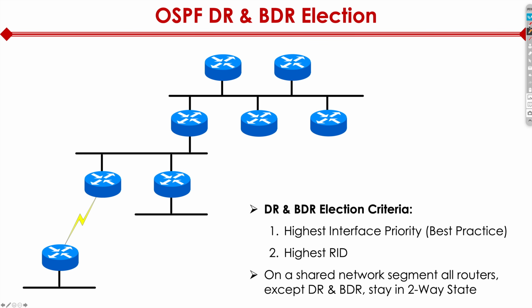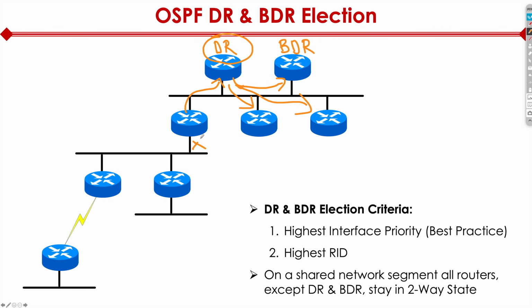If this guy is the DR and this guy is the BDR, by the way, BDR only comes into picture when the DR is down. So BDR is there, but it's not actually doing anything. DR on a LAN segment becomes in charge of everything. So what that means is if there's a change on this LAN segment, if something happens here, this guy is going to advertise it to DR. DR is going to receive that update, and then the DR would be responsible for responding to everyone.